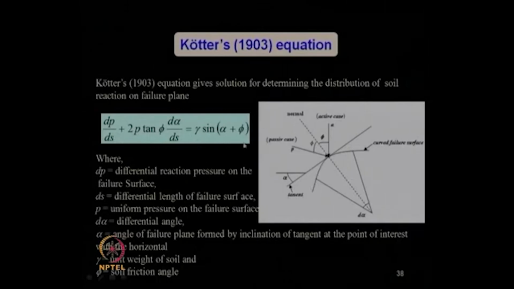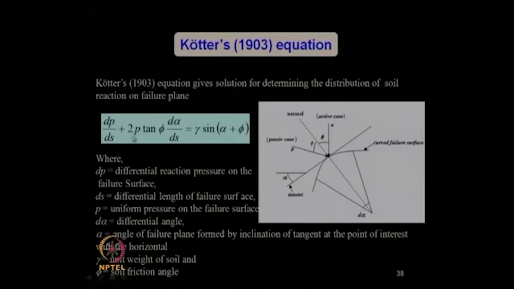You can see over here, this is the curved failure surface, and this is the tangent at any point, with the normal to this curvilinear failure surface. If the angle of this tangent with the horizontal is alpha, this infinitesimally small angle is d alpha. You have this direction for the passive case, and this direction for the active case.